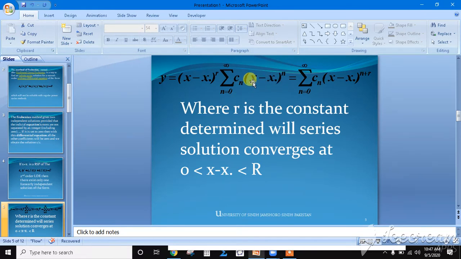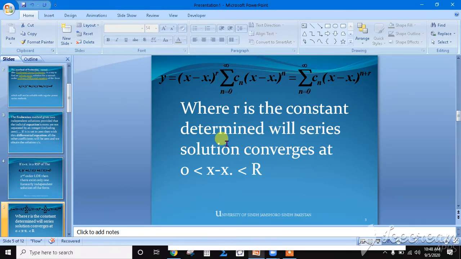Here x minus x naught has a radius of convergence, and x naught is the center point. The compact form of the series is the summation from n equals 0 to infinity of Cn (x minus x naught) to the power n plus r, where r is a constant.